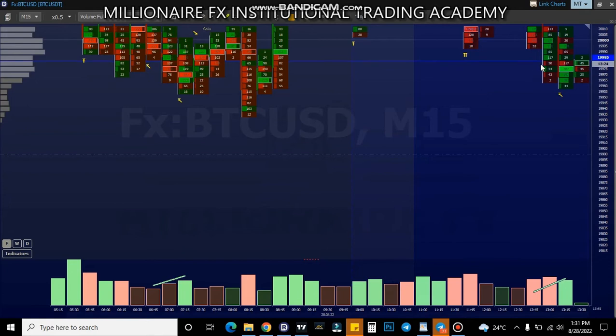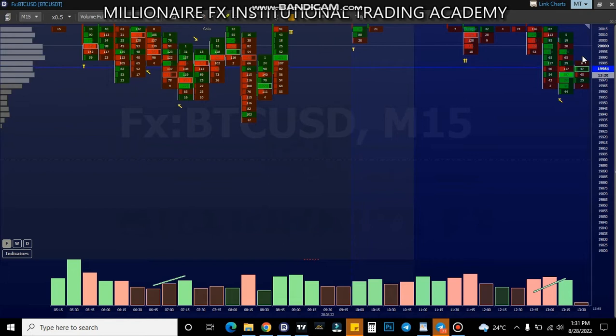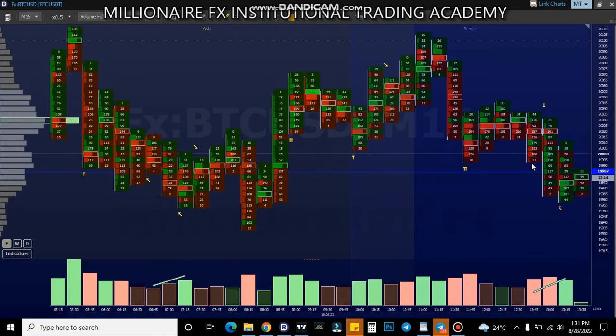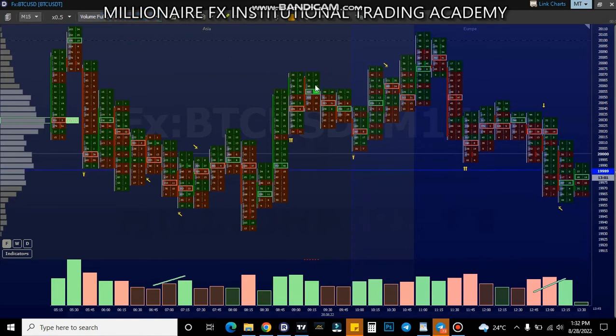You see this thing is moving here. These numbers are changing. These systems are available for everyone inside the Millionaire FX. You can see the numbers, the volumes here, and you can also see the delta. If you want to change the chart, you can still change it.